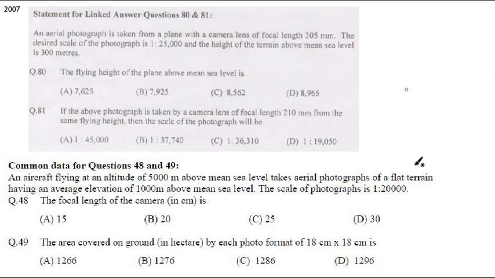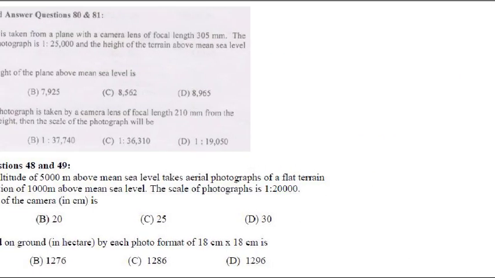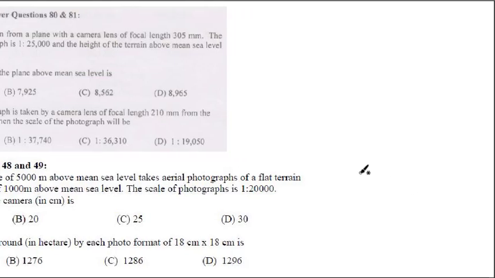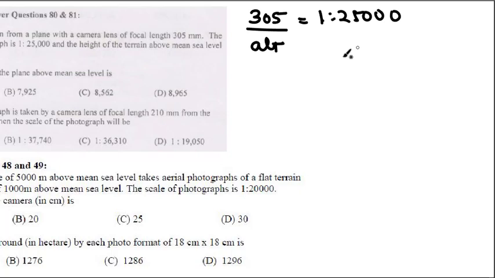Let me get a bigger area to solve this. You are aware of the question, no? Aerial scale is equal to focal length upon altitude. So focal length is 305 mm divided by altitude will give me scale, that is 1:25,000.